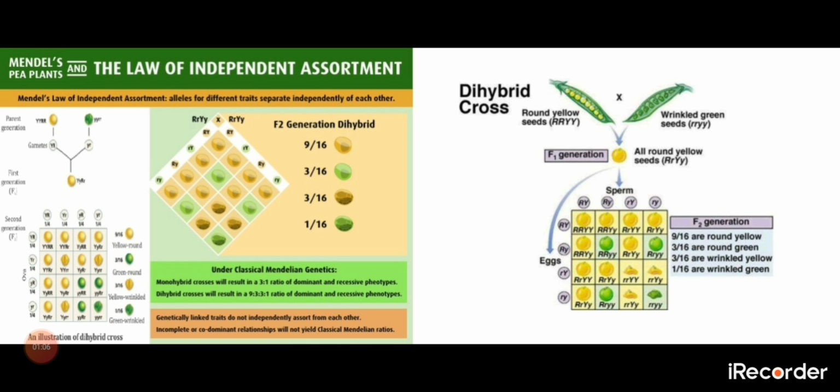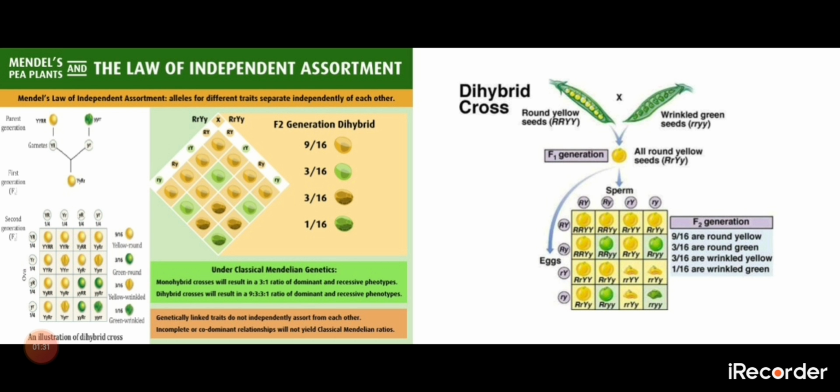Following the convention for the notation, there would be capital R, capital Y for round and yellow, and small r, small y for wrinkled green. Color and shape of pea plant.